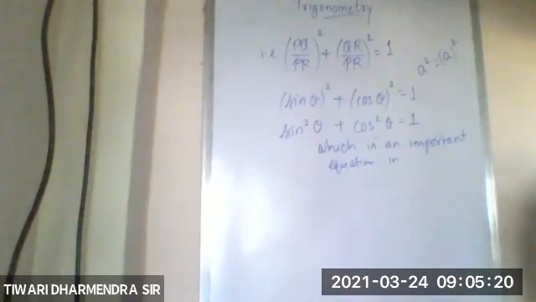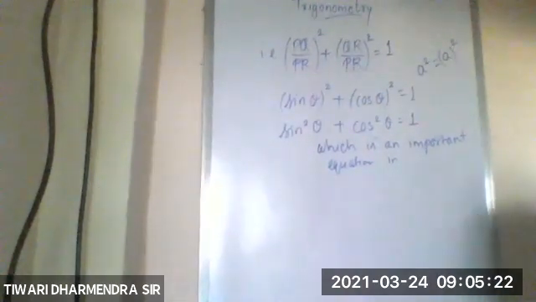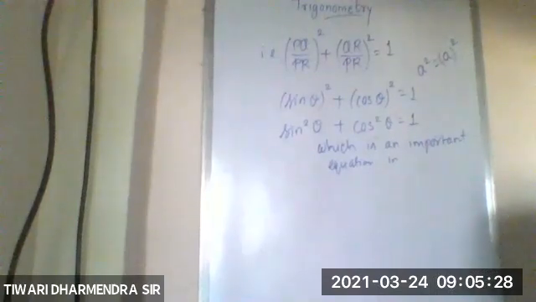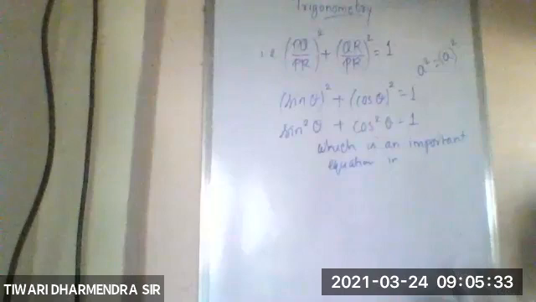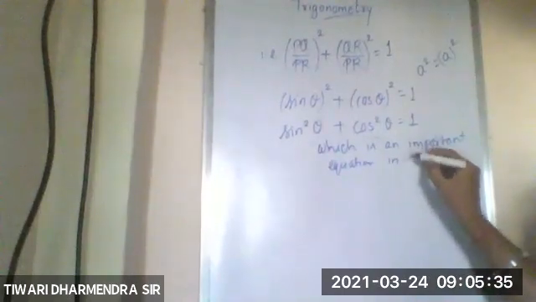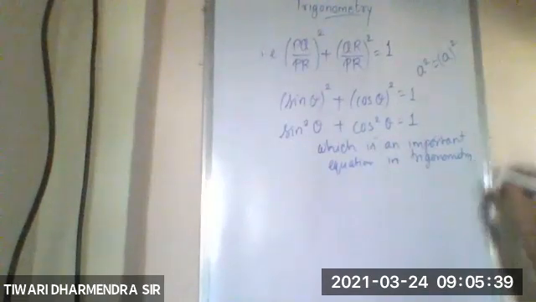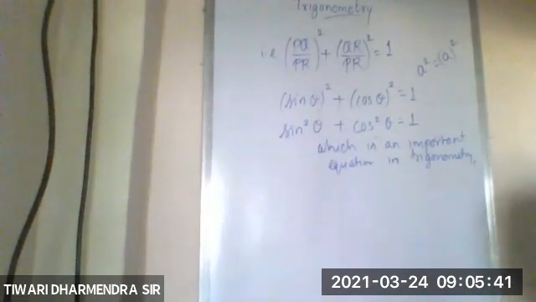If anybody asks you how you got this sine square plus cos square equal to 1, you should take the right angle triangle, accordingly get theta, use Pythagoras theorem, put the values and get the answer, which is an important equation in trigonometry. Done.